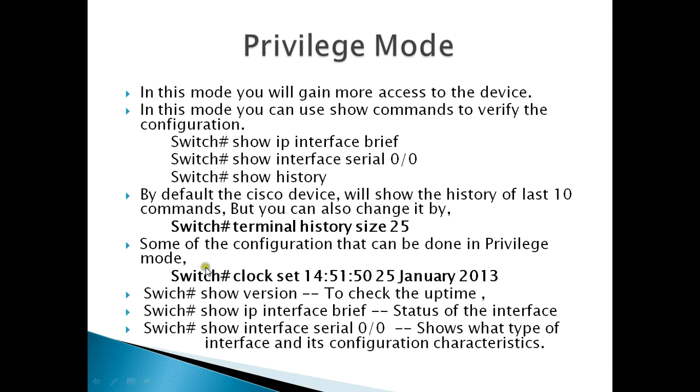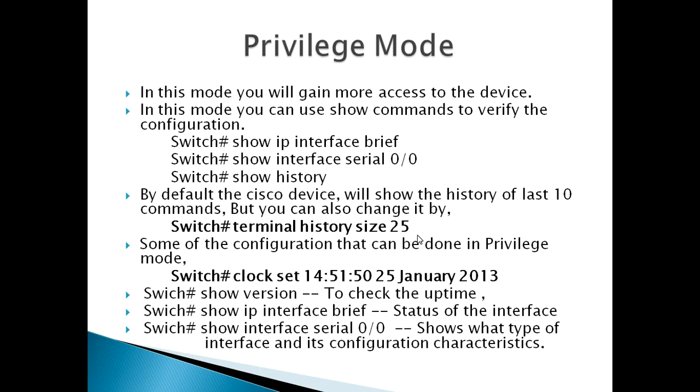As for the other command, you can use the show history command. Normally, if you type show history, it will show you the commands you used before. It can store a maximum of 10 by default, but you can change it. This is the command: terminal history size 25. If you change this to 25, you can see up to the last 25 commands used.